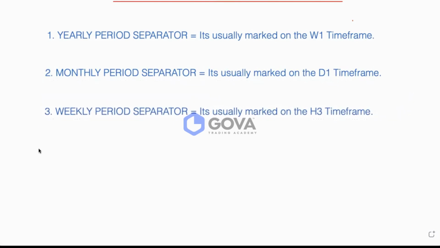The fourth one we have is called the daily period separator. This daily period separator, we usually mark it on the H2 time frame.